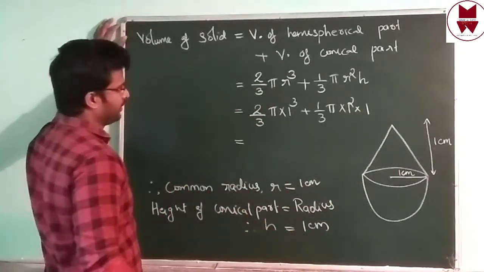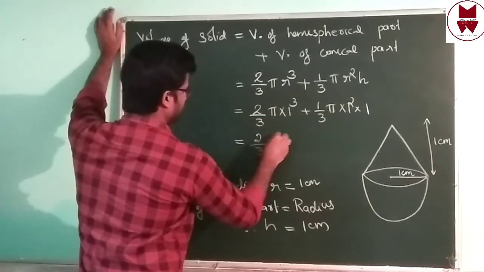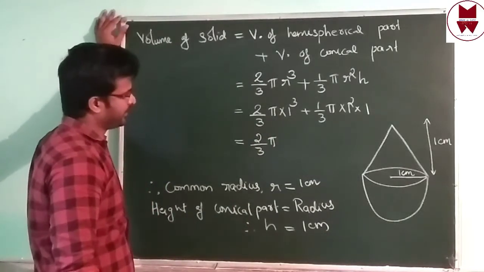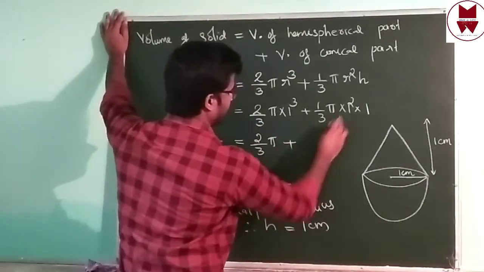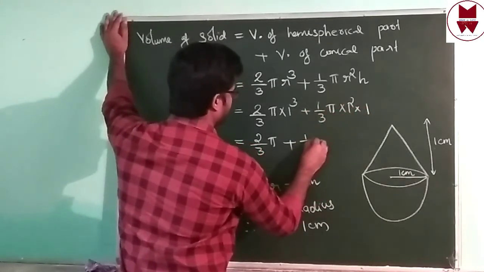Equal to 2 by 3 pi, 1 cube means 1, you will get 2 by 3 pi plus here 1 square is 1, 1 into 1, then 1 by 3 into 1, you will get 1 by 3.